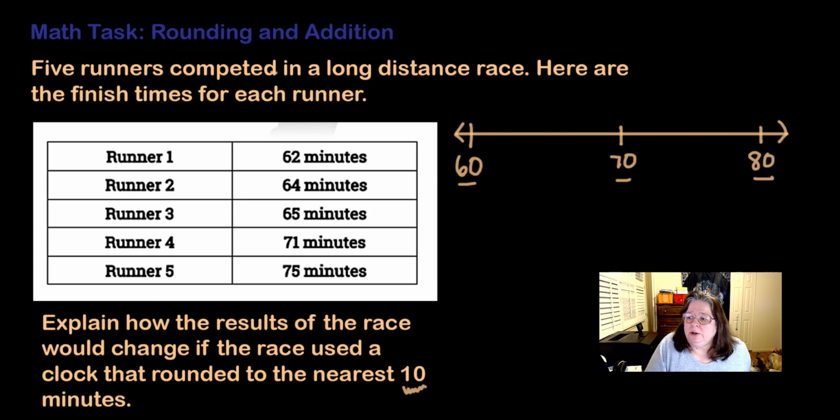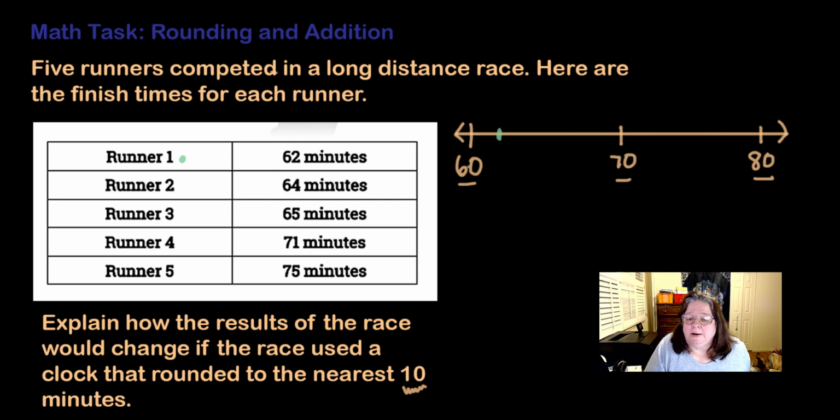Let's choose green for number 1. So number 1 is 62 minutes. Well, 62 minutes is between 60 and 70. It's probably right about there. Would that round to 60 or 70? I forgot to put the halfway points in.